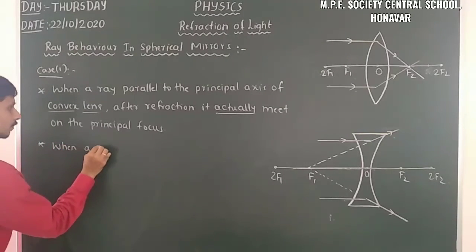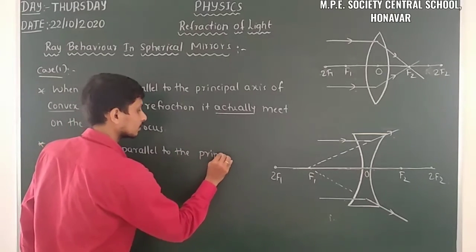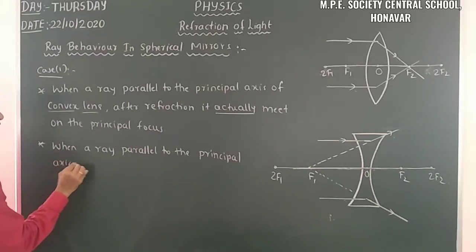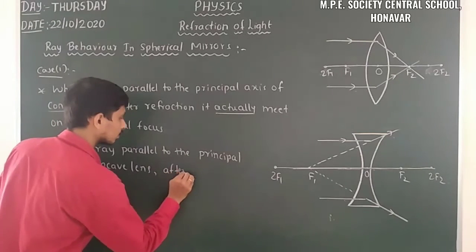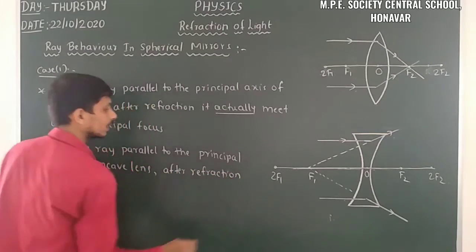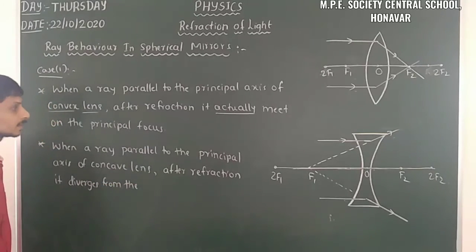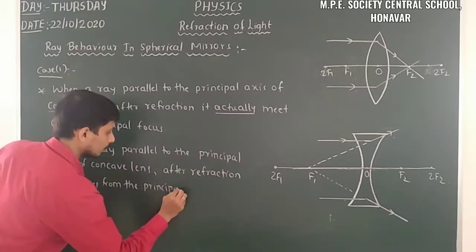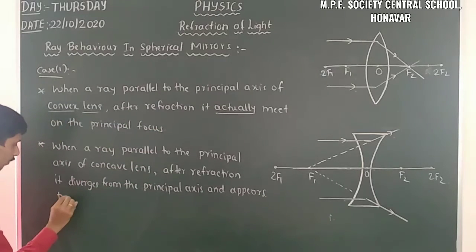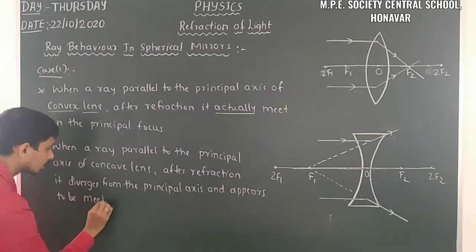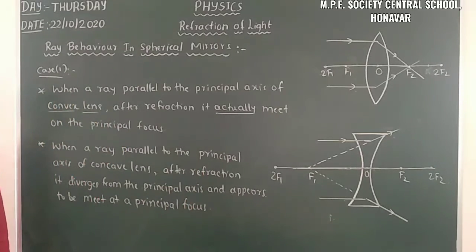When a ray parallel to the principal axis of a concave lens, after refraction, it diverges from the principal axis and appears to meet at the principal focus. It appears to meet at the principal focus.